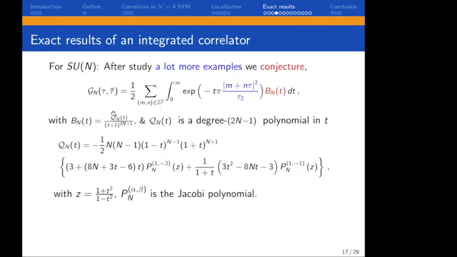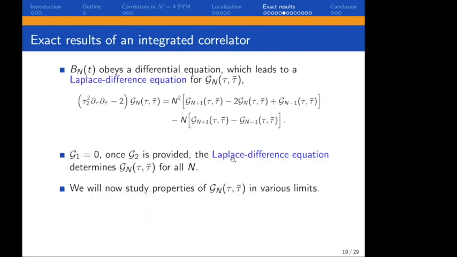There is some differential operator acting on this side, which passes through and eventually acts on B, and we use the properties of B. Then we can derive that differential operator, that Laplace difference equation.